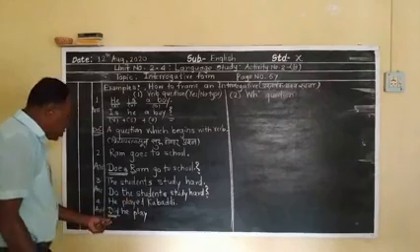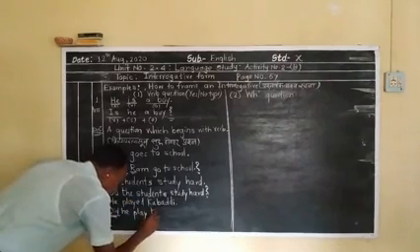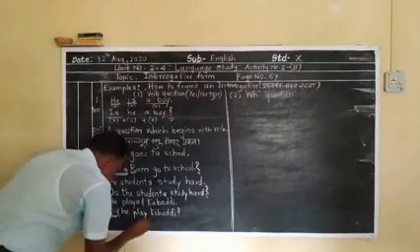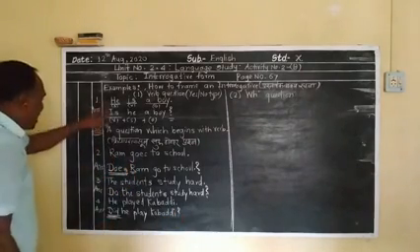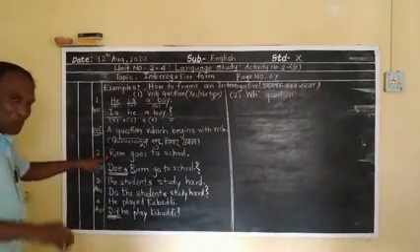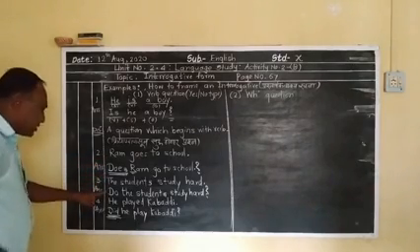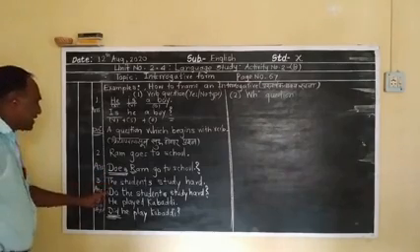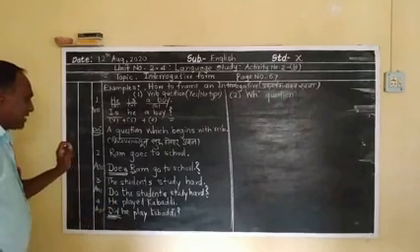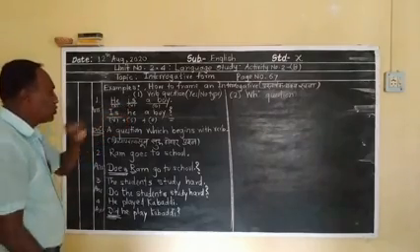Not played, because we use the verb did here. So, did he play kabaddi? Question mark. Understood now? If there is a helping verb, the question is like that. If there is no helping verb, frame a question like that. If there is a helping verb, it's very easy to frame an interrogative sentence.